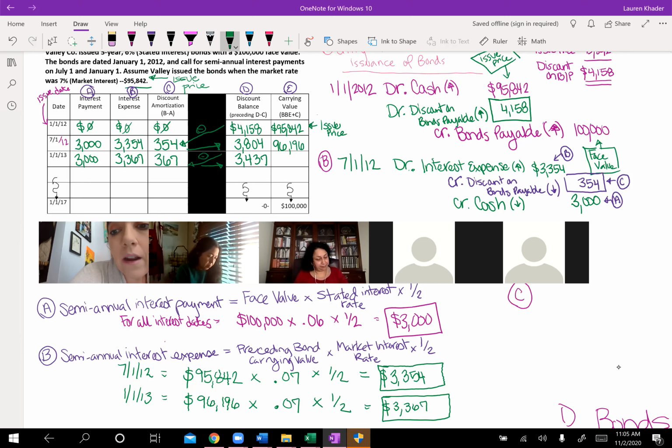Our bond carrying value is going to increase towards face value. So 96,196 plus 367, the amount we amortize those bonds. 96,563 is our new bond carrying value.